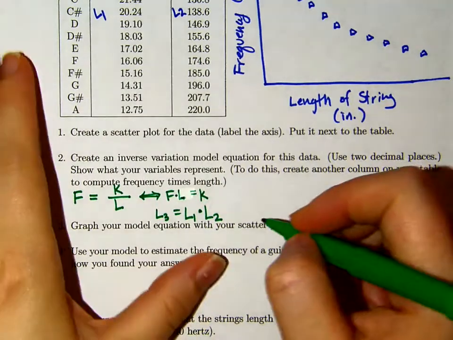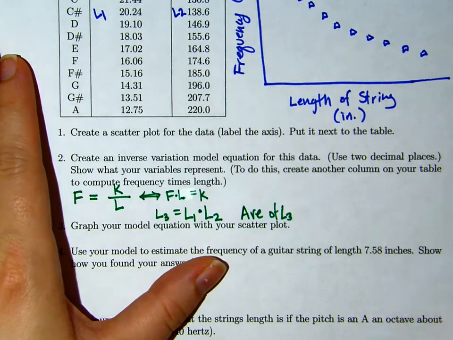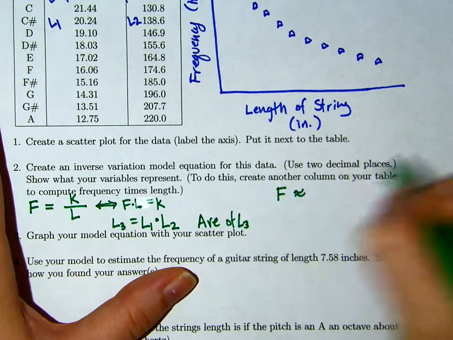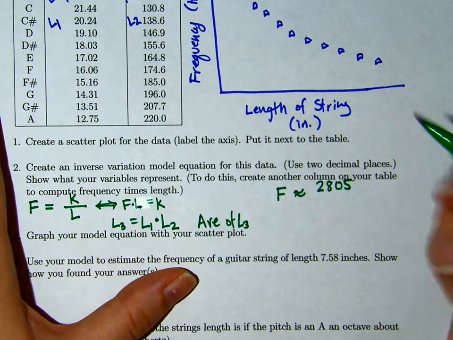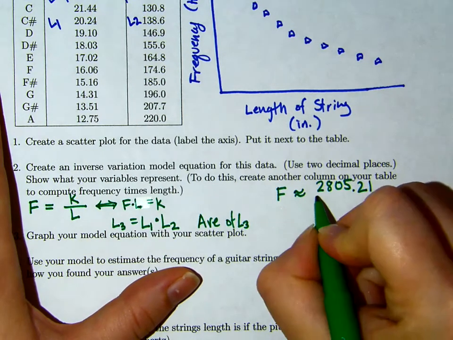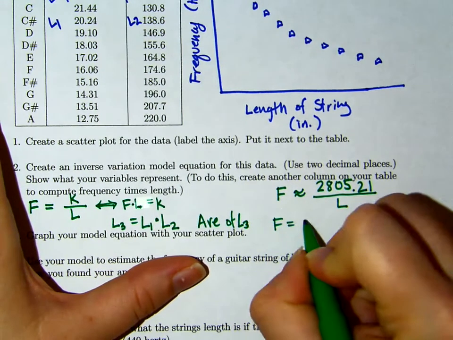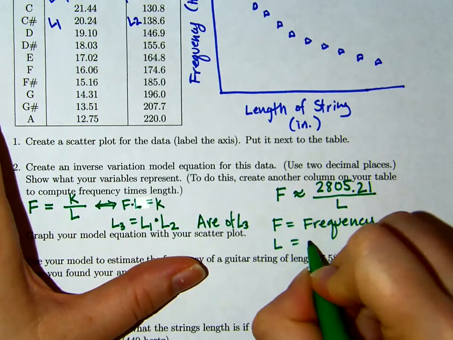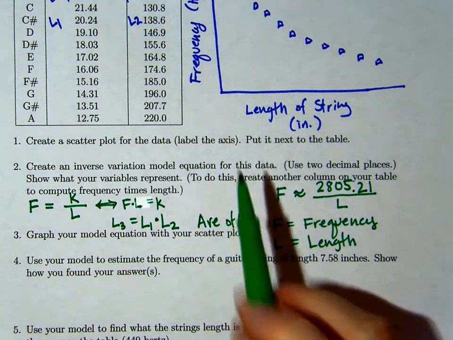So after we found the average of L3, we ended up getting F is approximately equal to 2,805.21 to 2 decimal places, divided by the length, where F equals the frequency, how quickly it's vibrating, and L equals the length in inches. Okay, graph your model with your scatter plot.